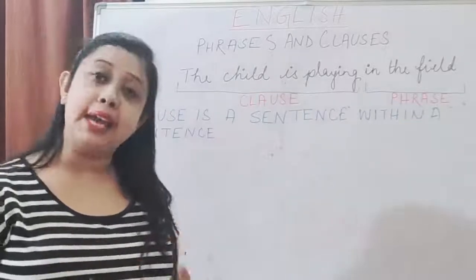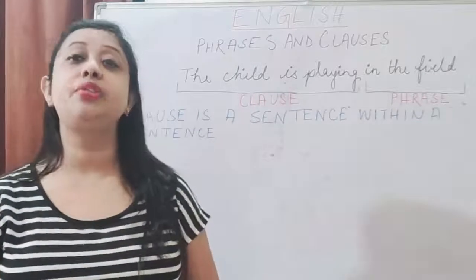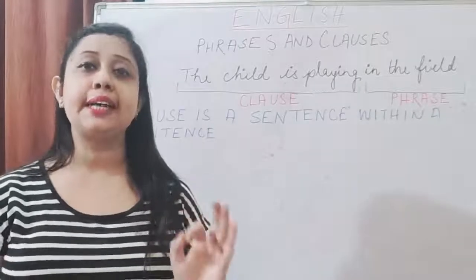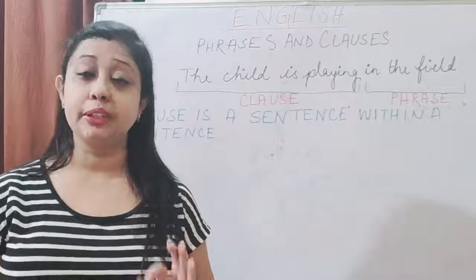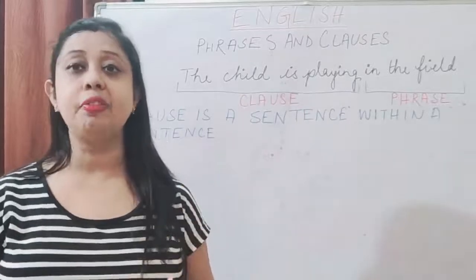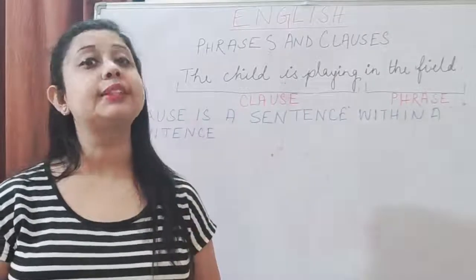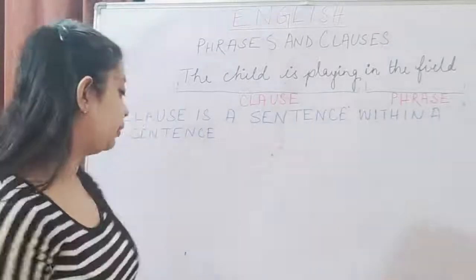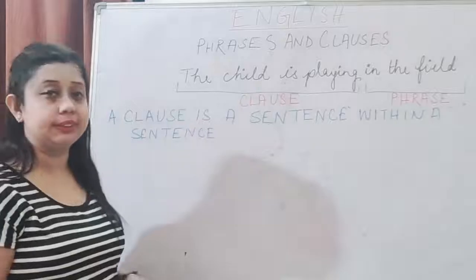When I began explaining phrases and clauses in my previous video, the first thing that I discussed with you was the sentence, and I gave you 3 important points of the sentence, which I am sure you all remember. So let's write those 3 important features.